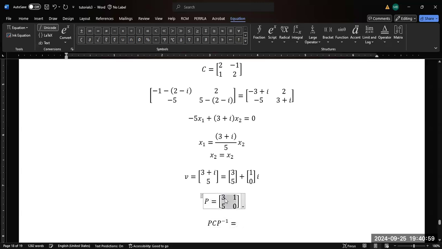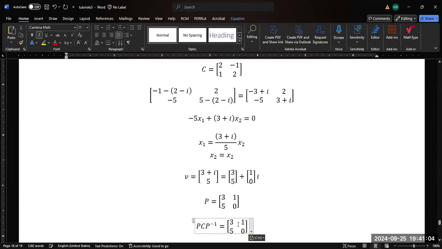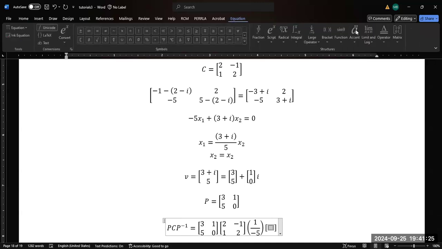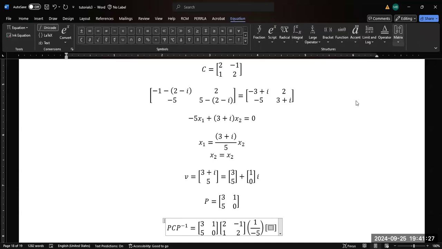So this is P, and this was C, and then P inverse is going to be 1 over -5, using my formula for 2 by 2 inverses.